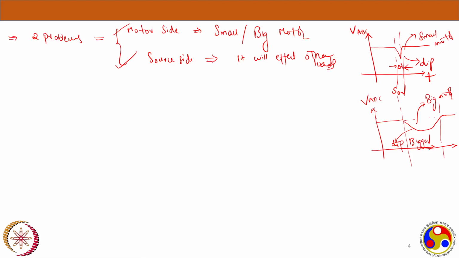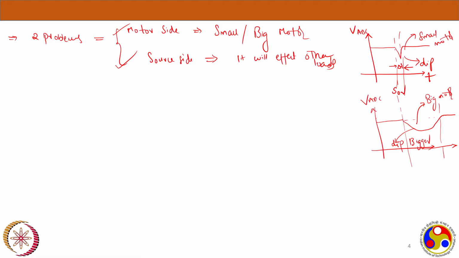Some loads may need to be turned on and off, but you can't encourage these dips. And in some rice mills also, there will be some loads that we need to turn on and off continuously, but that should not stop the process of other machines. So in these conditions, the need for starting methods has arisen.